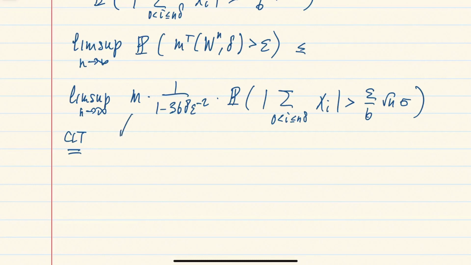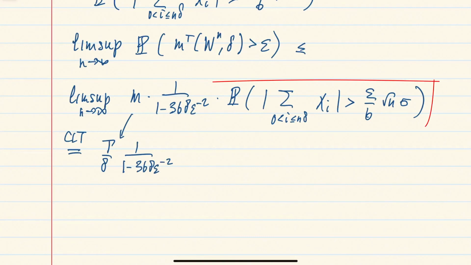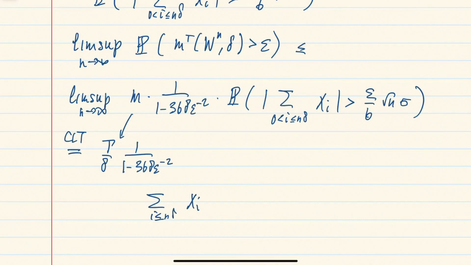So again, recall here that m was just t over delta, then 1 minus 36 delta epsilon over 2, and this final probability, to apply a central limit theorem here, we just recall that when you sum up to n delta xi, if you scale by square root of n delta and by the standard deviation, this will go in distribution to the standard Gaussian, to some random variable g, which is standard Gaussian.